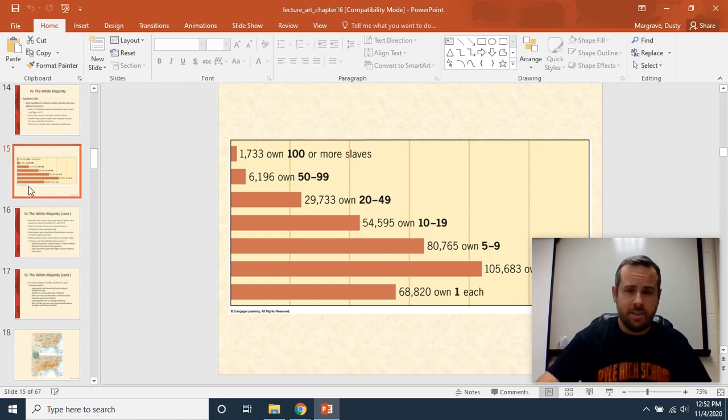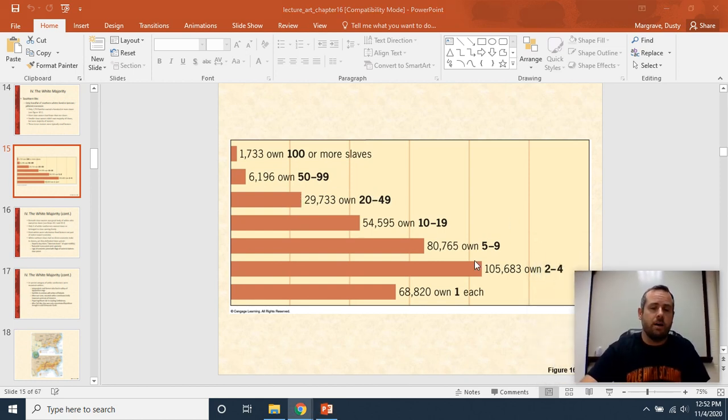Now, this graph that I have up here from that PowerPoint shows you that the majority of slaves were concentrated in the hands of a few. So this idea of the big southern plantation with the big house and hundreds of slaves did happen, and tons, but there are far larger numbers that either owned very few slaves or owned no slaves at all.